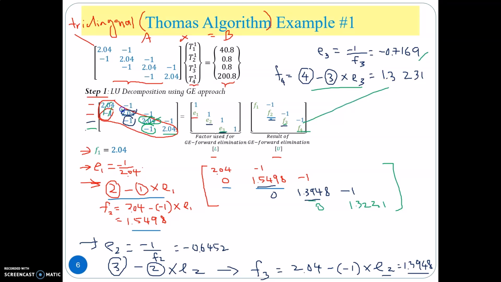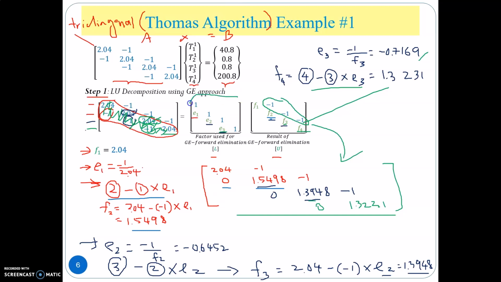Since we only perform the forward elimination at the diagonal and the lower diagonal here, the upper diagonal doesn't change. So you have the same value at the upper diagonal here. With that, you can see that the U matrix is actually the result after you perform the forward elimination at this region.